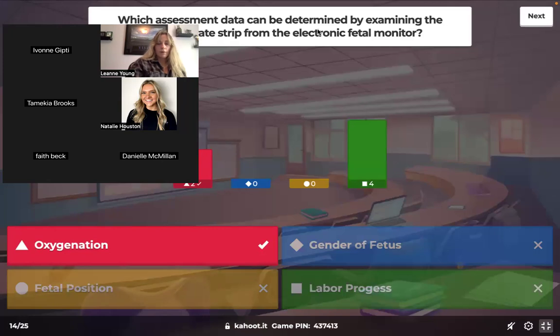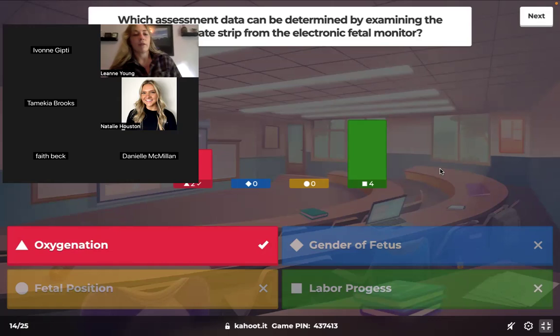So when looking at a strip, we're seeing how baby's oxygenation is. Okay. There are some ways that you can see how labor is progressing by looking at a strip or a fetal monitor, but that's not until you've done bedside labor and delivery nursing for a long time. You can look at a strip and say, oh, we're having some variable decels, that must mean this is what's happening with her labor.